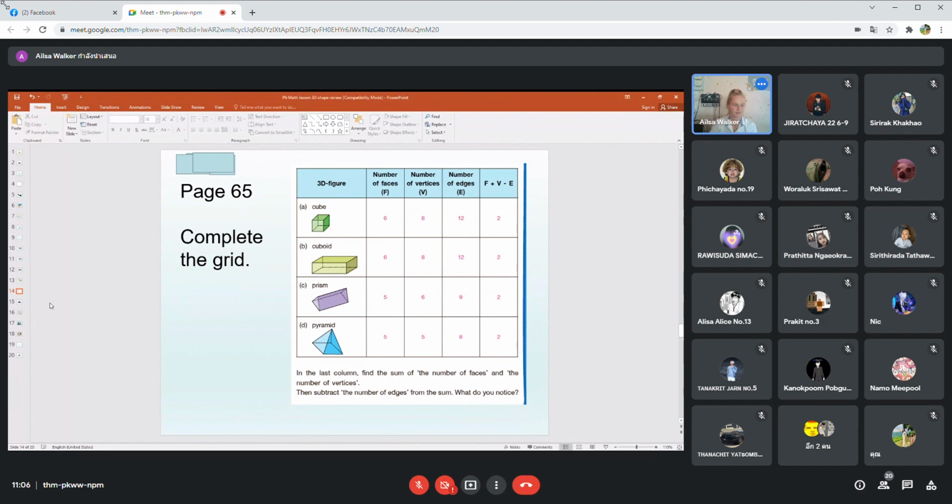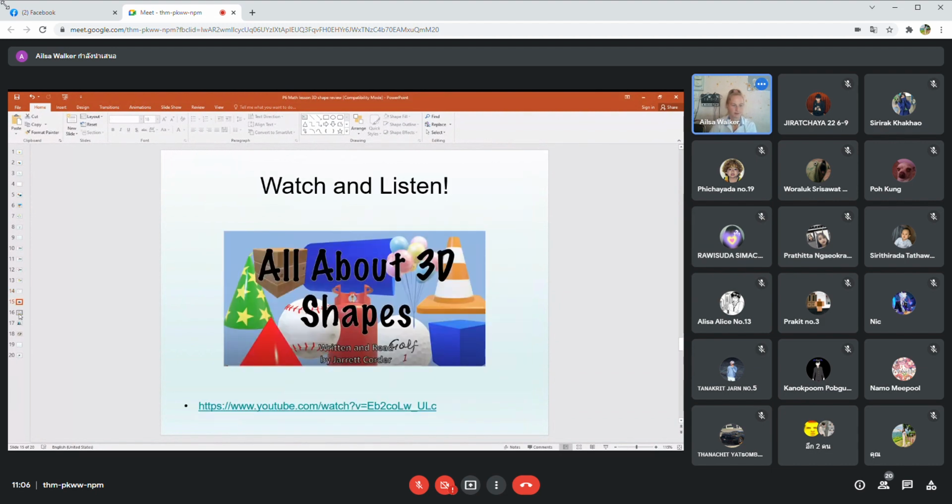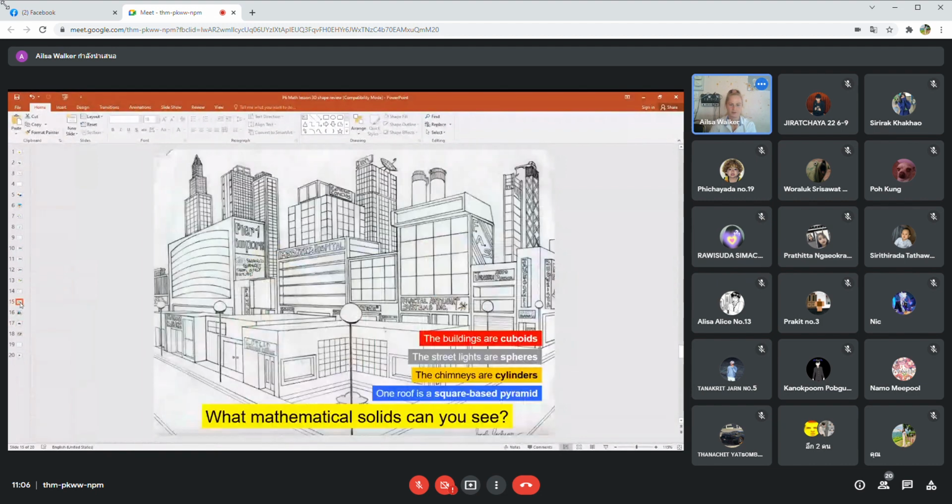Okay. So, I want to show you some pictures. So here is a picture of lots of buildings. Can you see? And in those buildings, in this drawing, you can see the buildings are cuboid shapes.